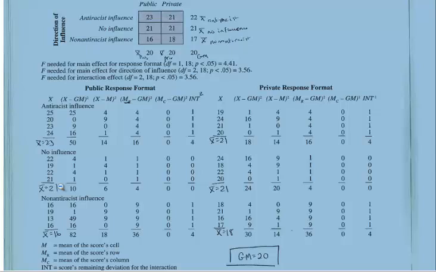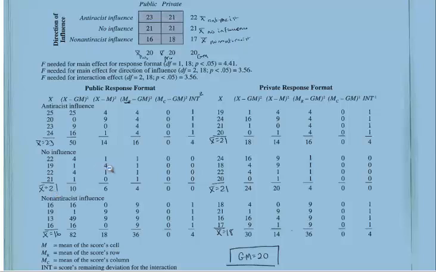We do the same thing for each subject in each cell, always subtracting the cell mean from each of the individual scores. So in this case, it's going to be 22 minus 21 gives us 1. We square that and it gives us 1. 19 minus 21 gives us negative 2.